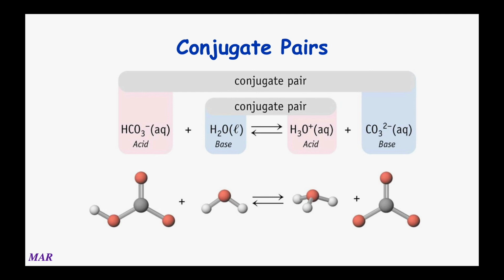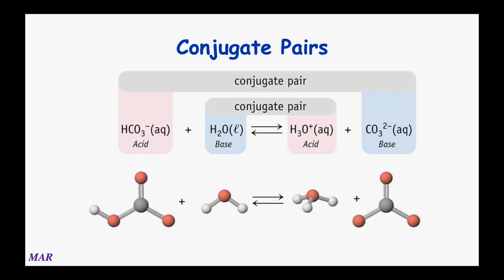Remember, a conjugate pair is always an acid and a base, and they're related by an H plus. So hydrogen carbonate on the left and carbonate on the right, those are a conjugate pair. The hydrogen carbonate gives up the H plus, and the base will take the H plus to make hydrogen carbonate. Water and hydronium here are also a conjugate pair.